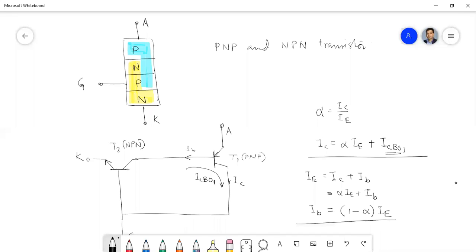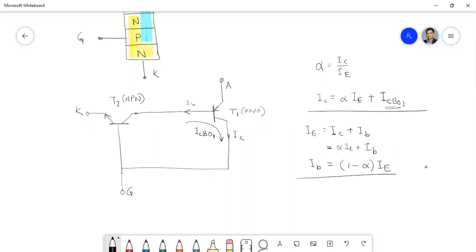Alpha gain is the ratio between the collector current and the emitter current, and beta is the ratio between the collector current and the base current. Here we have taken alpha, and this is a general expression. Now I will write all this for these two transistors.